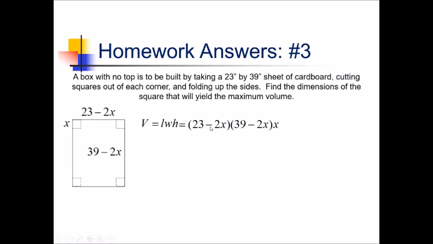So finding the roots of this expression, going from left to right and zeroing out each parentheses, for my first parentheses, if I add 2x and then divide by 2, we get x equaling 11.5. That zeroes out my first parentheses. The next parentheses gets zeroed out when x is 19.5, I should say.